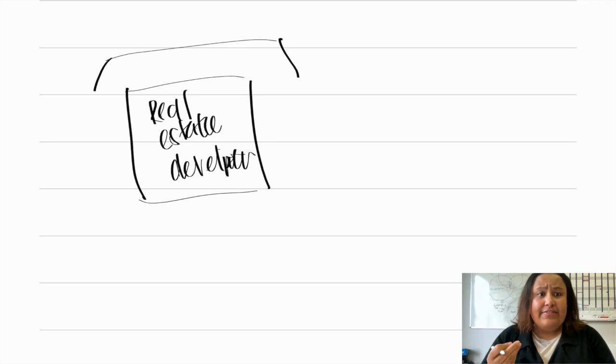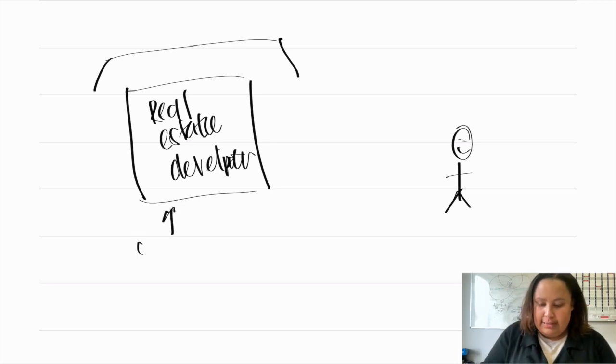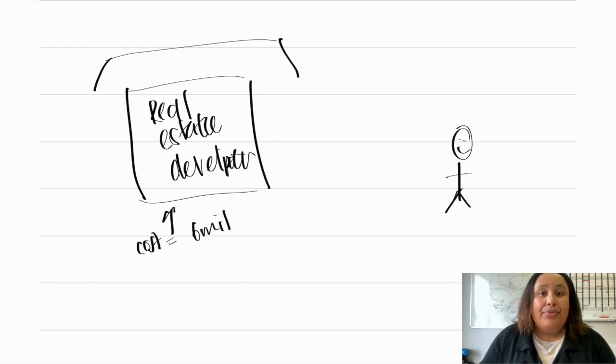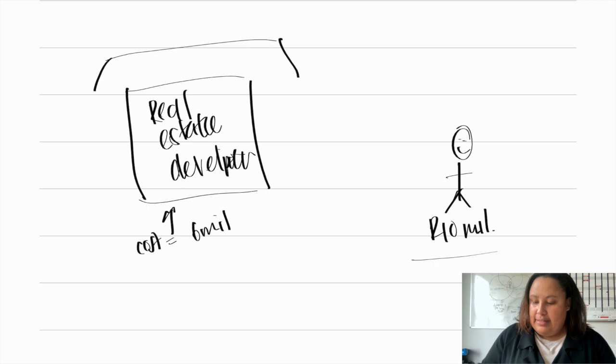This developer enters into a contract with a customer to sell a building. The cost to the real estate developer of this building is 6 million, and the developer is selling it to the customer for 10 million rand.